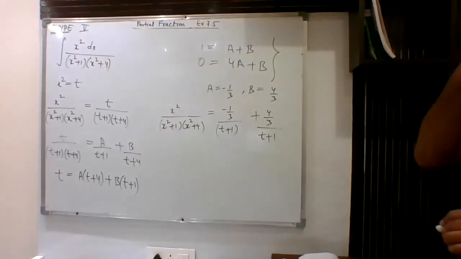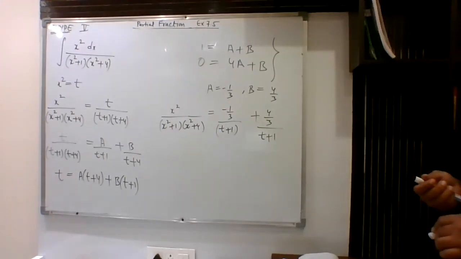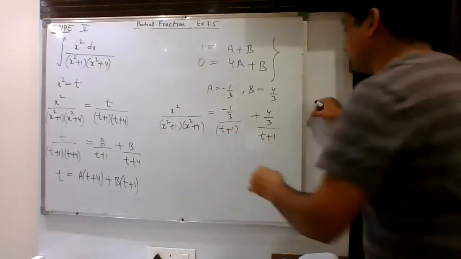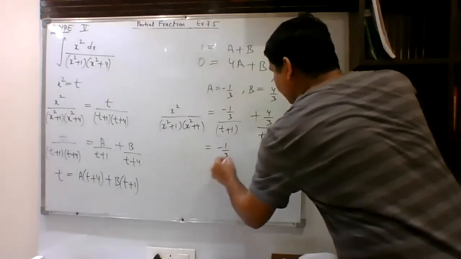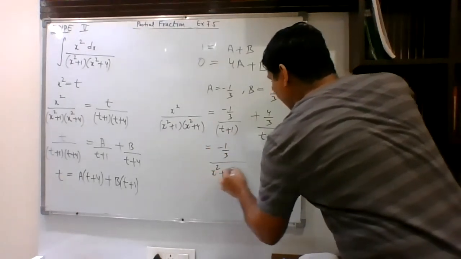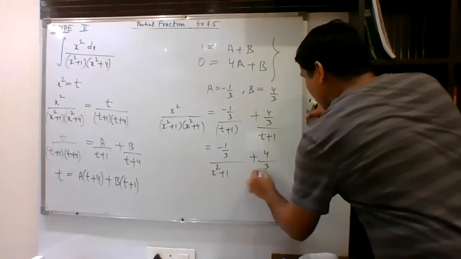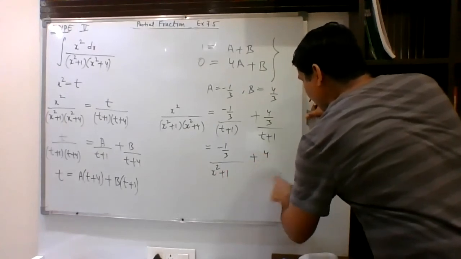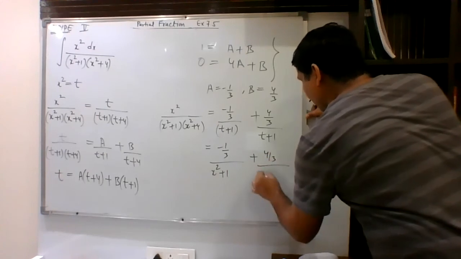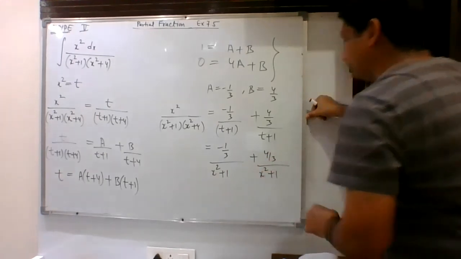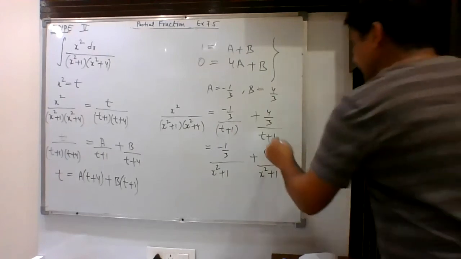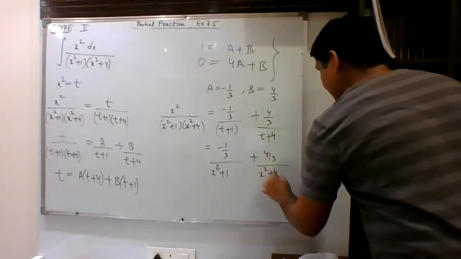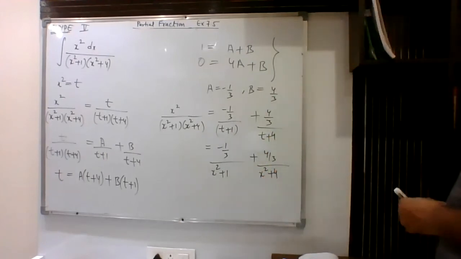Now keep one thing in mind that you cannot integrate in terms of t. So you have to get back in terms of x. I can rewrite this as minus 1 upon 3 into x square plus 1, plus 4 upon 3 into x square plus 4.